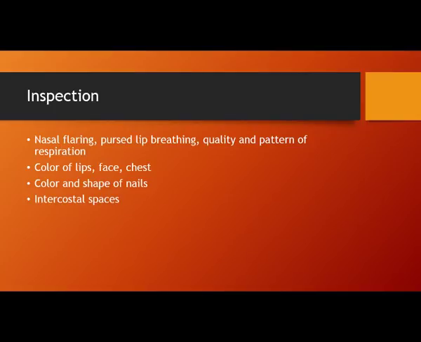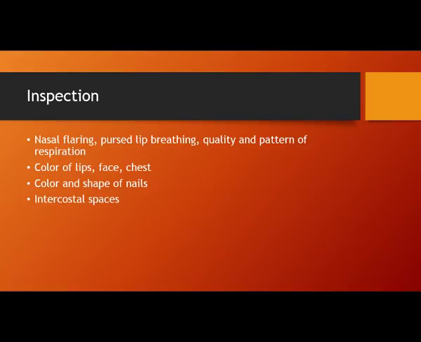So first thing you would want to look at is, how does their breathing look? Do they look like they're having any difficulty breathing? And you say, well, what would indicate difficulty breathing? Well, for one thing, nasal flaring or pursed lip breathing.